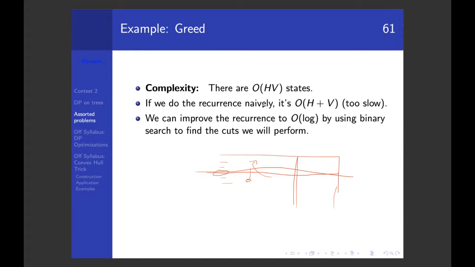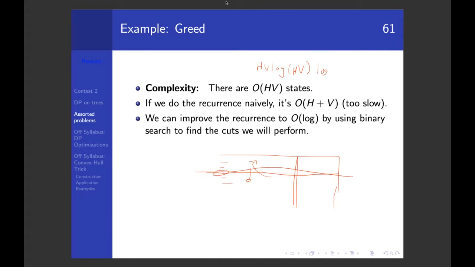Why? Because we're left with a DP that's H times V times log of something, log of HV. But then, if you remember, we're already binary searching the answer. So we have a second log on the outside for the binary search.